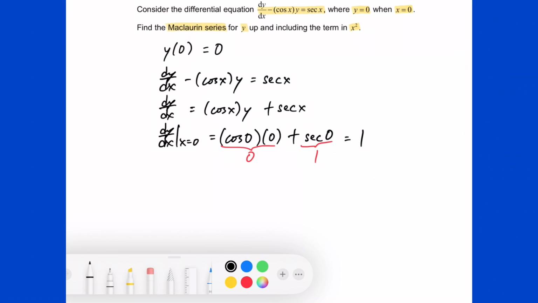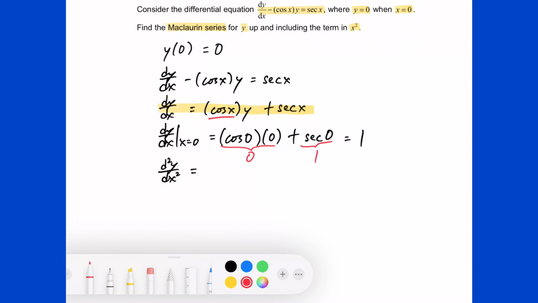Next, we are going to find the second derivative when x equals 0. To find the second derivative, we can differentiate once more from the first derivative. Then we can refer to the third step here. We can differentiate both sides such that the left hand side would be d squared y over dx squared. But in order to differentiate the first term on the right hand side, as it is in the format of a product, we have to apply the product rule.